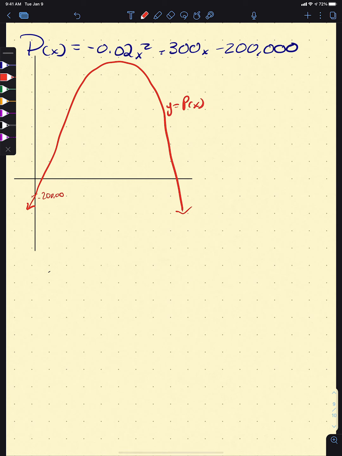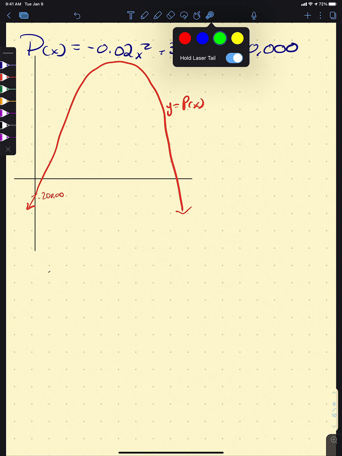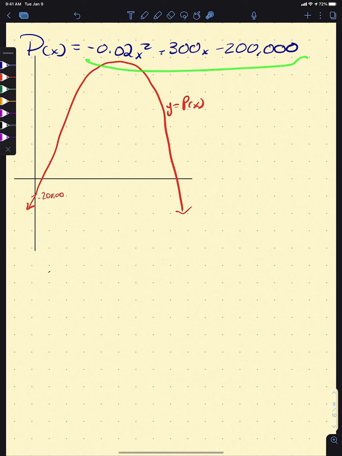Y equals p of x. You could absolutely go through and do all of your 118 skills, factor this and graph it. I encourage you to practice that with this. Maybe you can find a nice way to factor it. Maybe the best way is just to plug it into the quadratic equation and find the zeros that way.